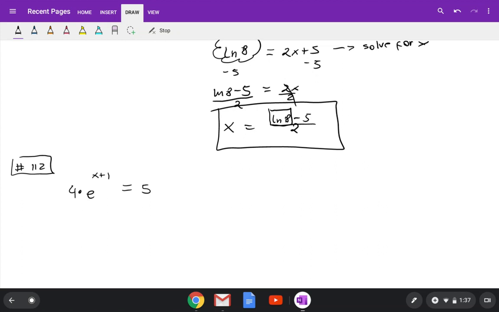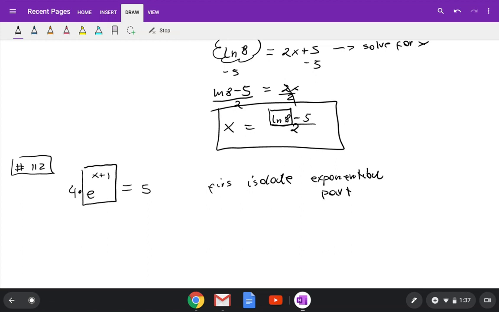Before you change that to a logarithmic function, first isolate the exponential part, which means you only want to have the exponent on the left side.